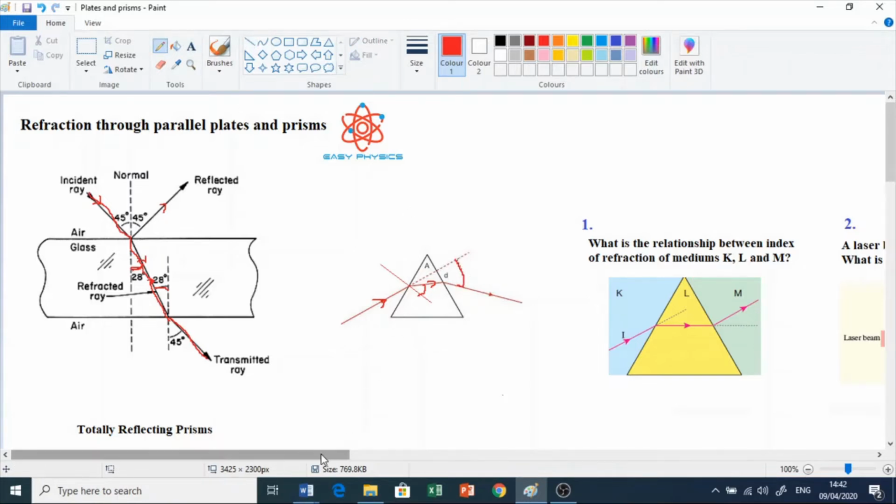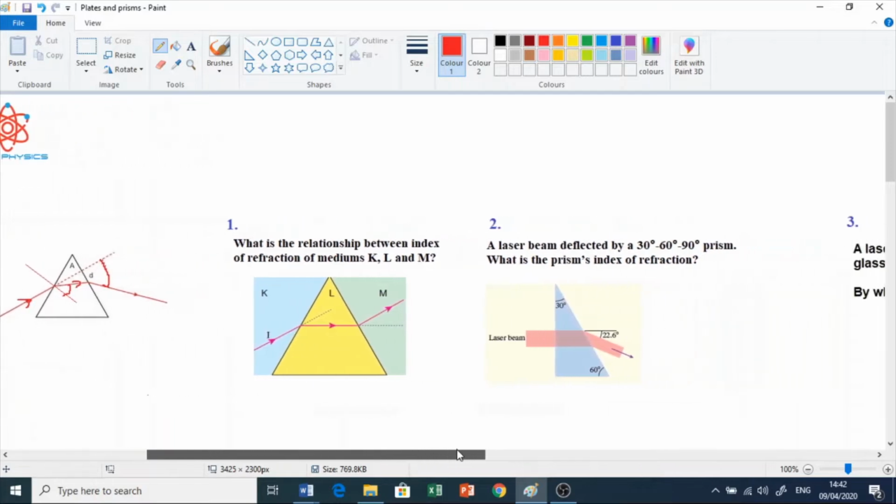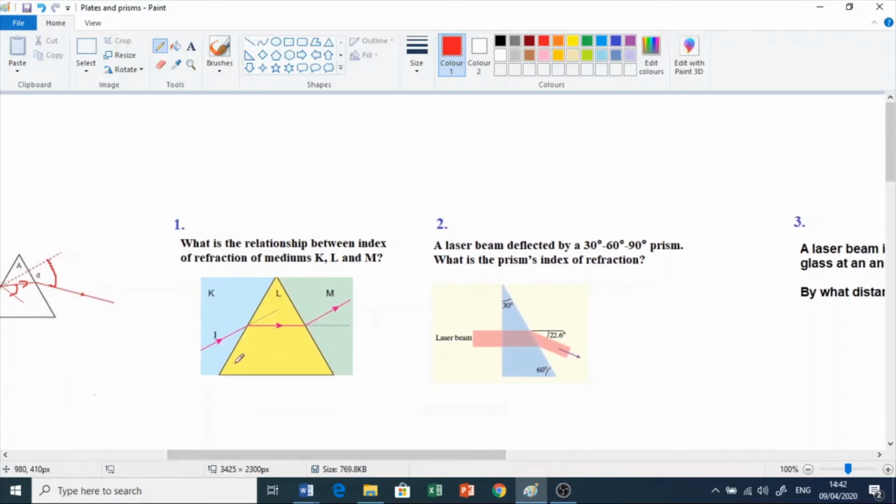Okay, let's solve some examples related to the transmission of light through glasses and plates. Now here we have a prism, and this is the incident ray. Just like the previous one, I'm going to draw the normal here. This is the normal, and the original light is refracting toward the normal.